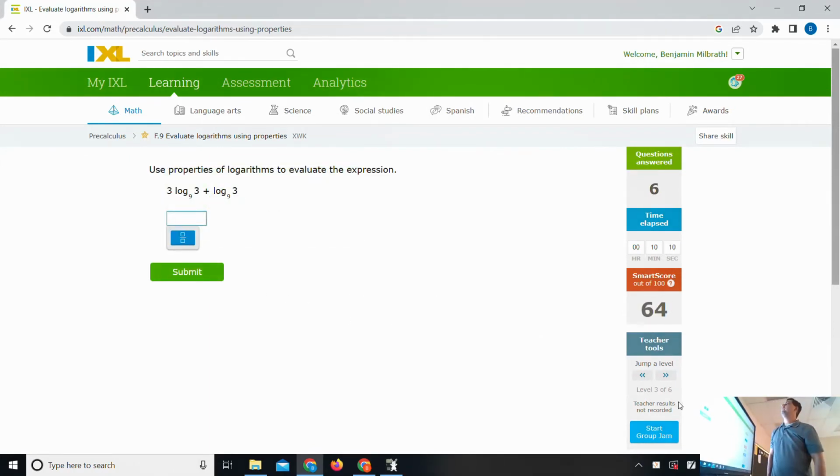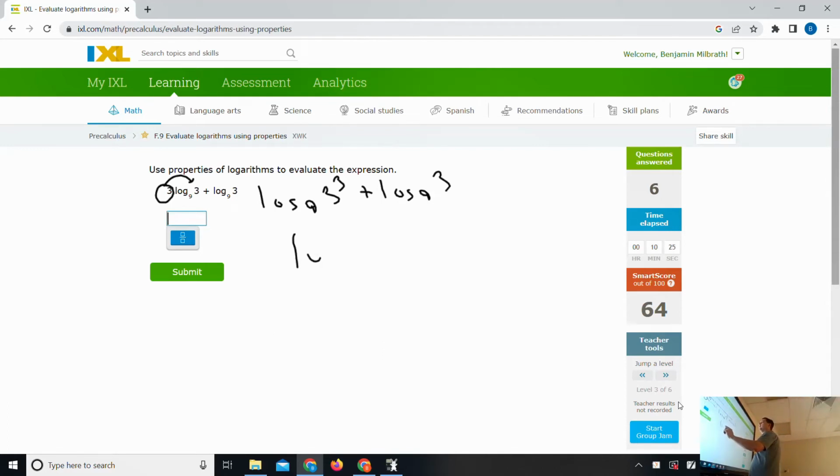Using my properties of logarithms here, before I can condense, I have to put that 3 there. This is a log base 9 of 3 cubed plus a log base 9 of 3. I can condense addition through multiplication: a log base 9 of 3 cubed times 3.